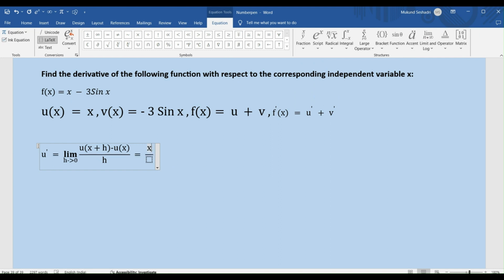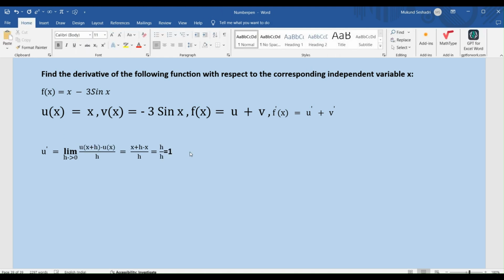So what is my u of x plus h is x plus h minus my u of x is x, and then I have a h in the bottom. My x and x will get cancelled out here. So I am left with h by h, right? So the answer for u dashed is 1, right?